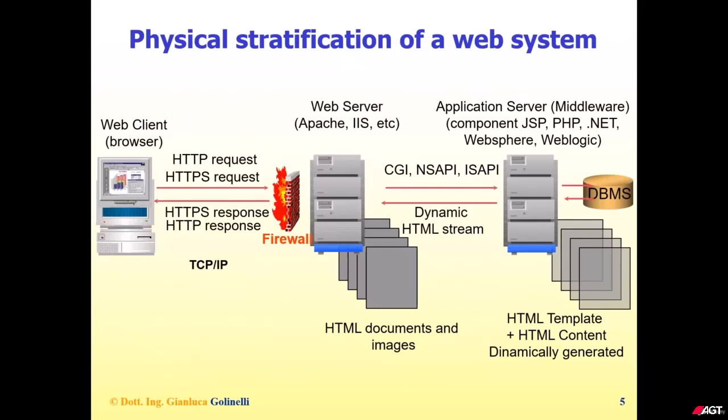Let's now look at the classic layered architecture of a web system. Note the web client that communicates with a web server, which redirects requests to an application server, which then retrieves data from a DBMS.